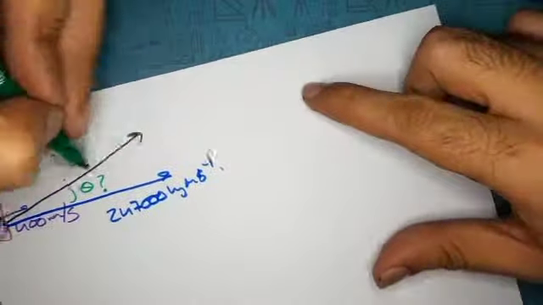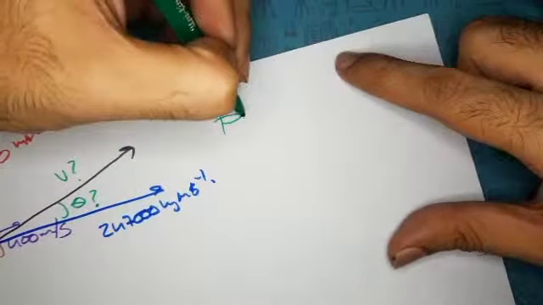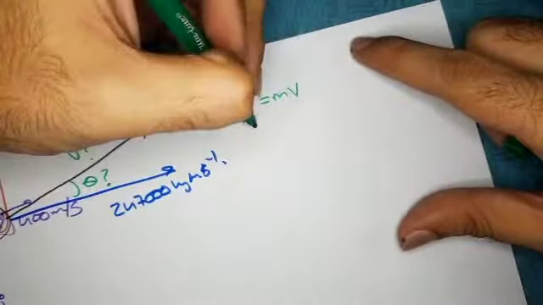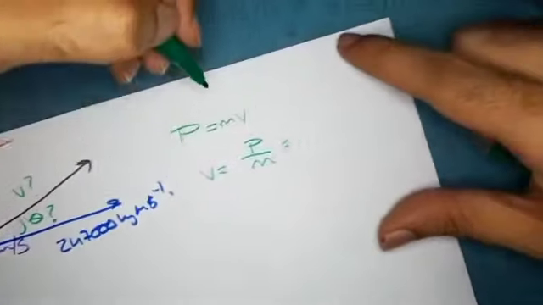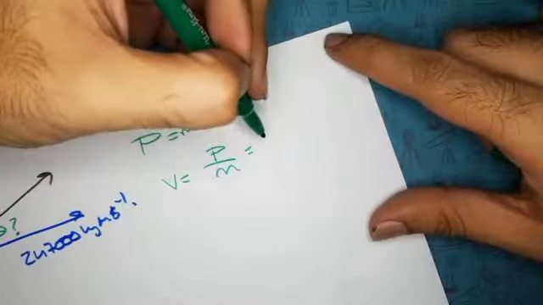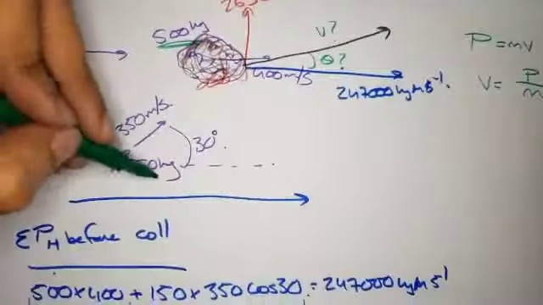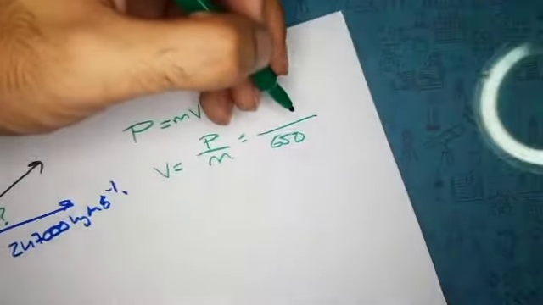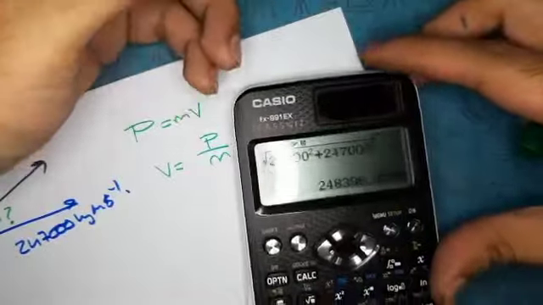Basically the concept is that for the velocity, we can use the equation P is equal to mv. So whatever the momentum is, velocity is going to be momentum by mass. The mass is going to be 500 plus 150, so that's 650. Whatever value we get is divided by 650. Did you do this properly?